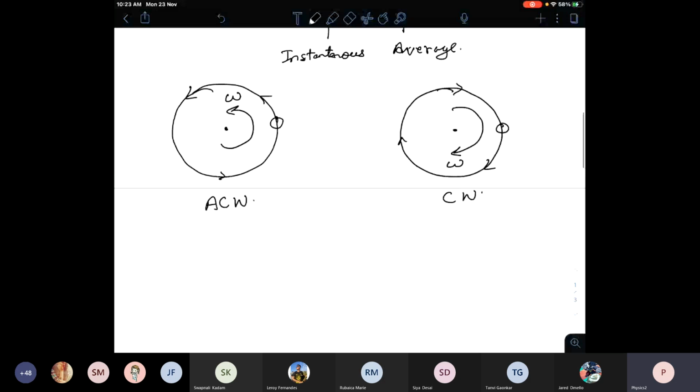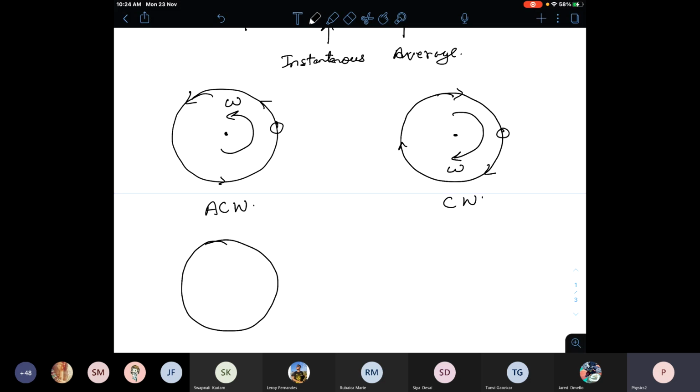What you do is curl the four fingers of your right hand in the direction of the motion. In the case of anti-clockwise motion, when the particle is going like this, try to wrap your hand around this motion in an anti-clockwise manner.